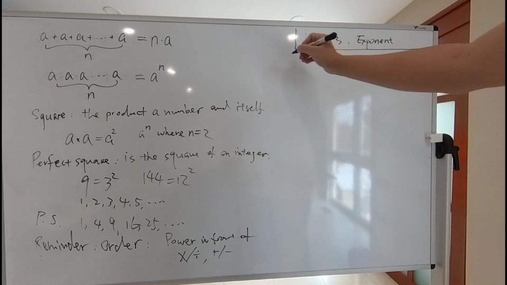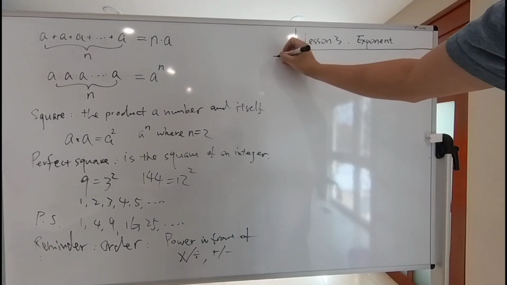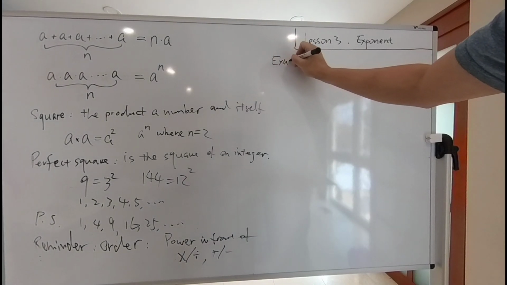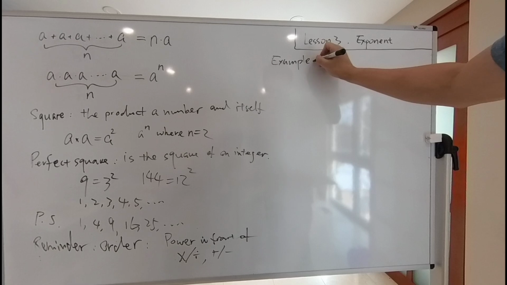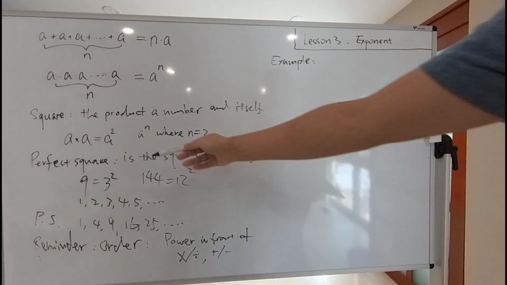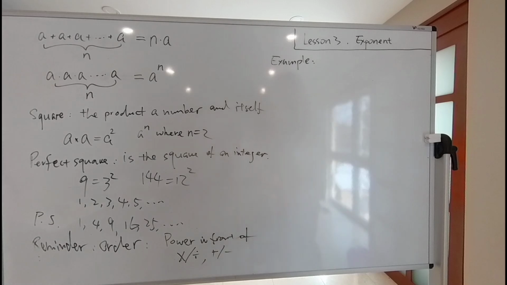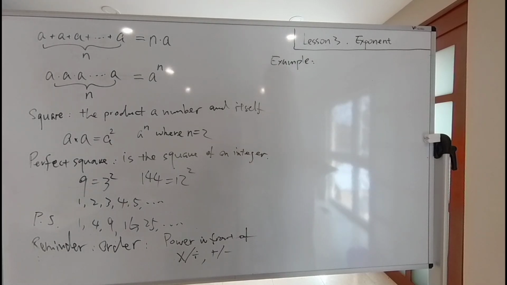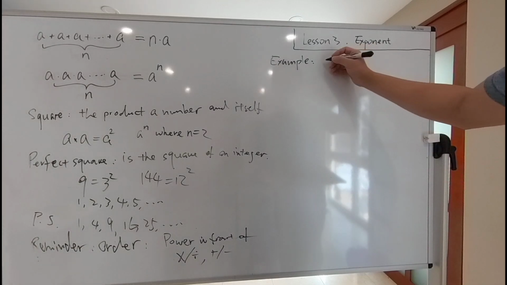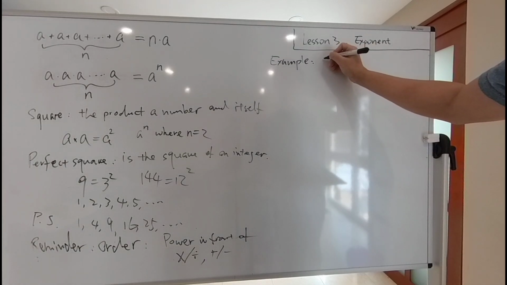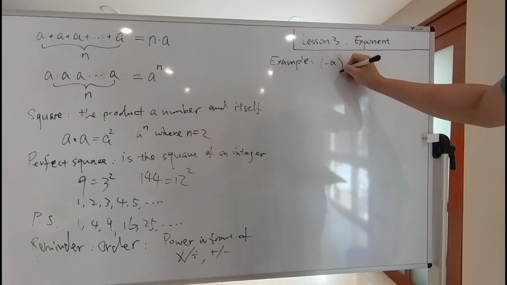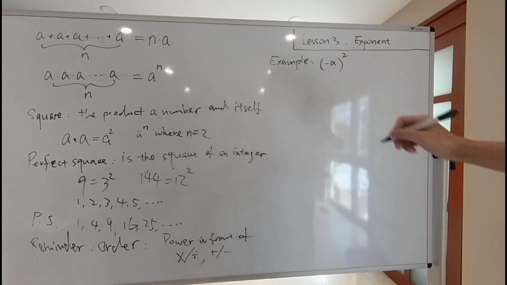Okay, so let's see some examples about squares. We have already seen the definition of square, or the definition of power. So far, all the examples and definitions are given in the form of a positive number. What happens if I have a negative number, negative a, and I'm taking the square?